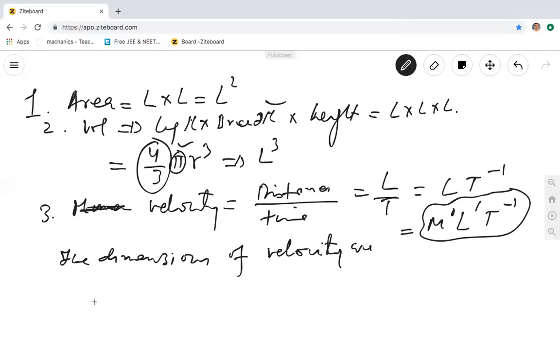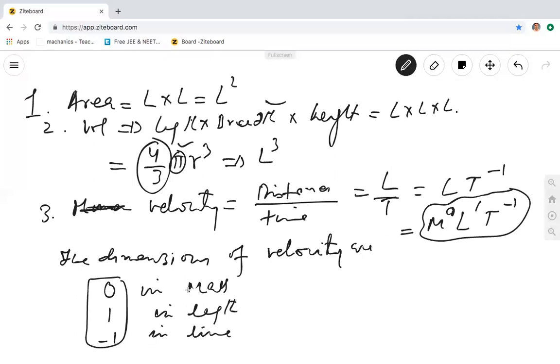The dimensions of velocity are 0 in mass, 1 in length, and minus 1 in time. These are the dimensions.